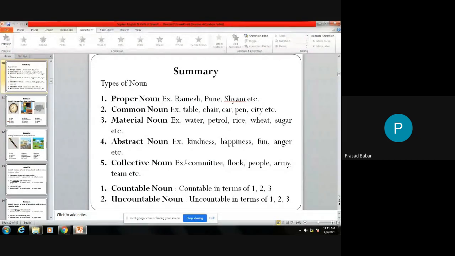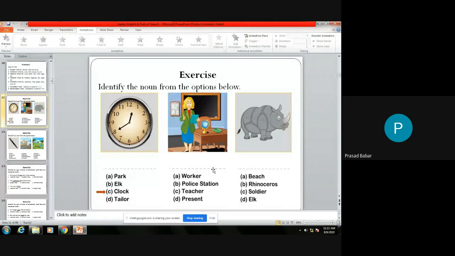Then next, in the material noun, we have subtypes, that is countable noun and uncountable noun. A countable noun is a noun by which we can count things, given to the countable things that we can count. But uncountable nouns cannot be counted in numericals or cardinal numbers such as 1, 2, 3. So this is the summary of the noun.